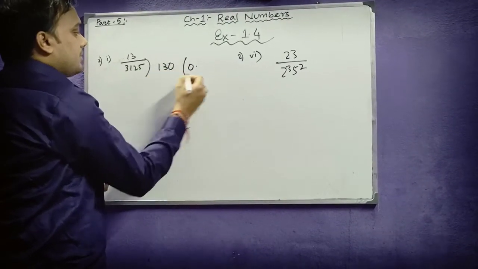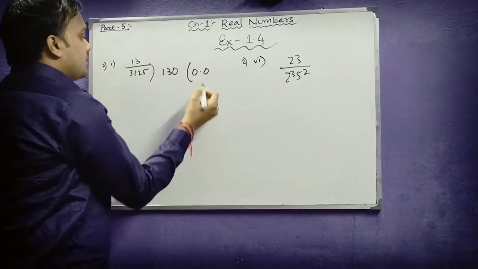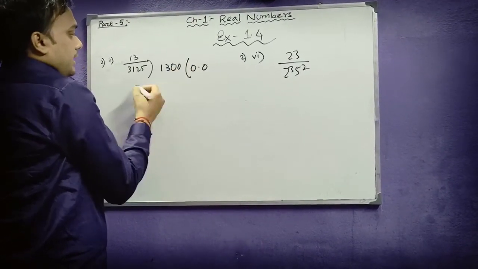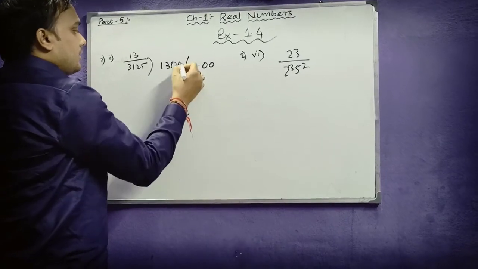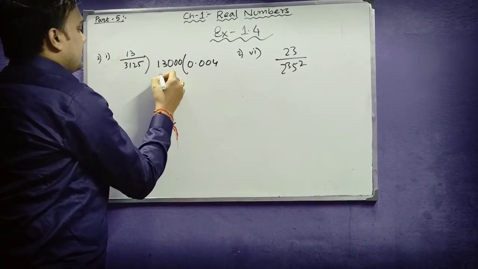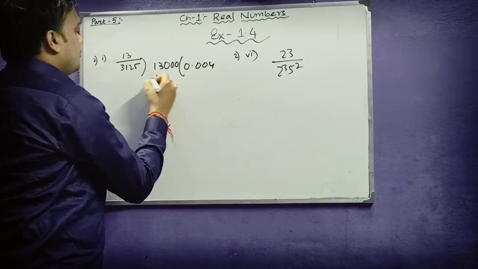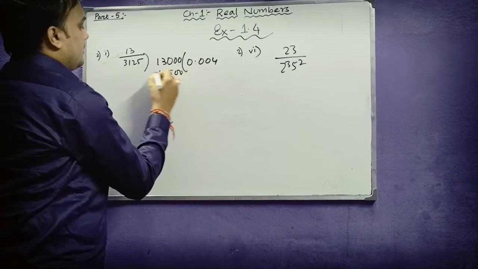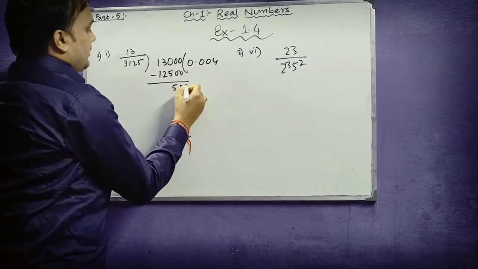It's not divisible, so I'll take one more 0, again it is not divisible, then again a 0 here, and now it is divisible by 4. That means 125, then 0 0, so it will be 500.